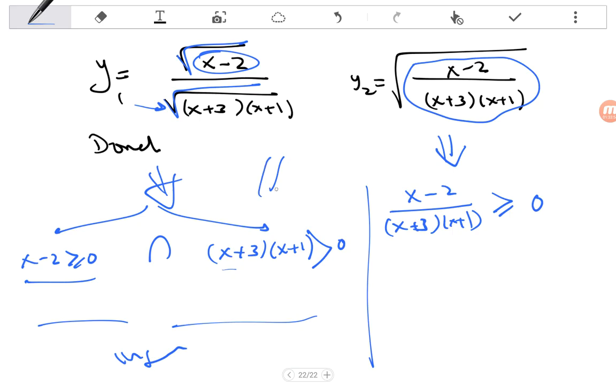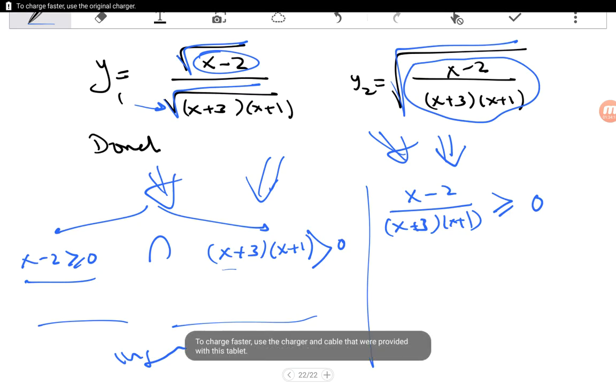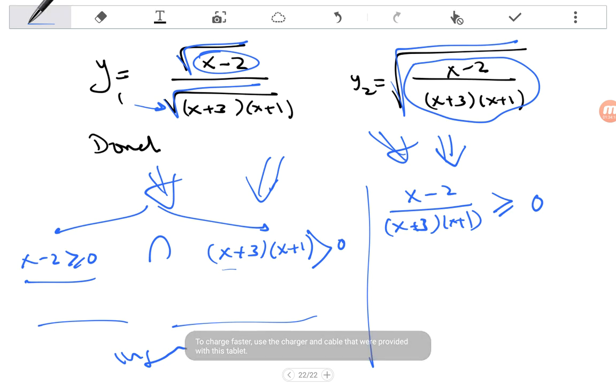When you study this problem and this problem, you will find different domains. So you will learn that making algebraic simplifications changes the domain. So whenever I give you a function to find its domain, you can't make any simplifications in the function before you find the domain.